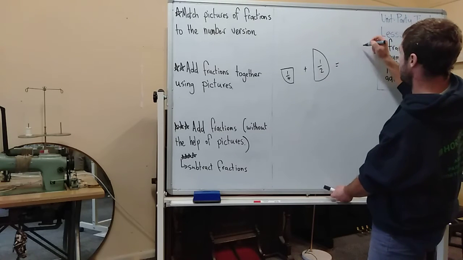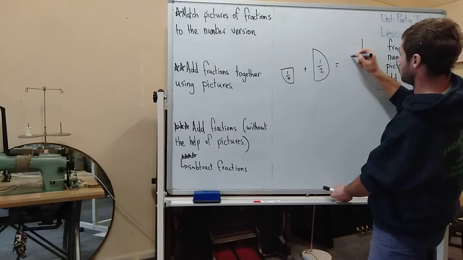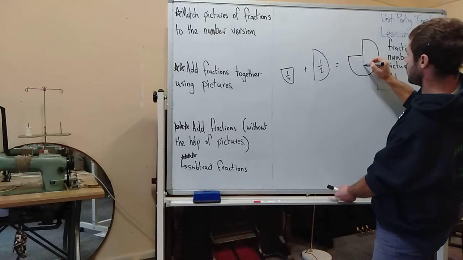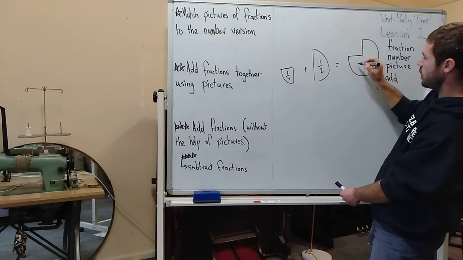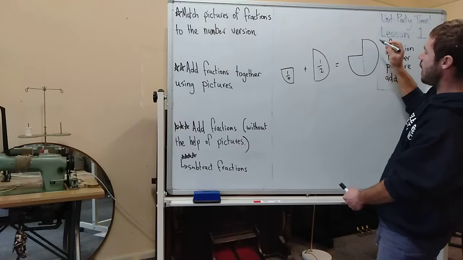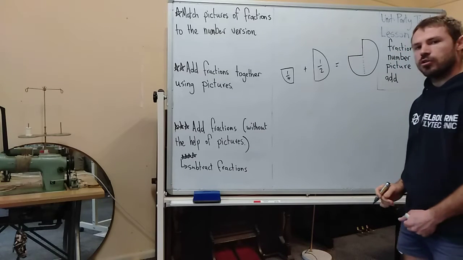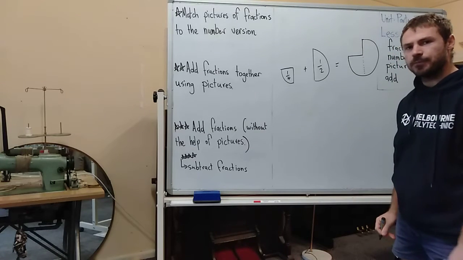We can see here with this picture that we might get some sort of shape like this, where you might be able to see that 1/4 is over here and 1/2 is over here. So that would be a picture version of adding those two things together.